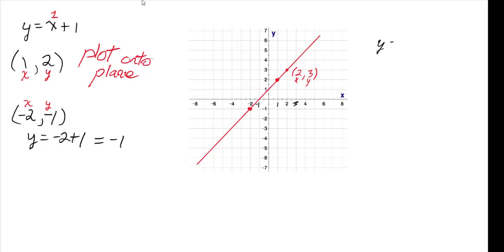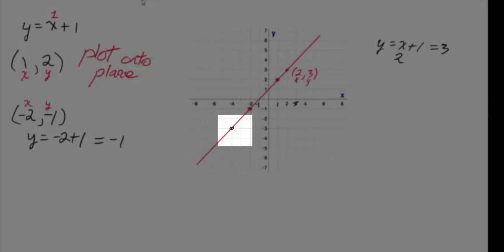Okay, so here's our original equation, y equals x plus 1. So if I take x equals 2 and insert it into x and add it to 1, I'm going to get y equals 3. So we see that this ordered pair is a solution to the original equation. And I just chose this point because it belonged on the line.